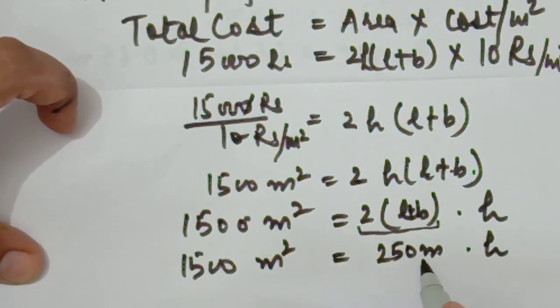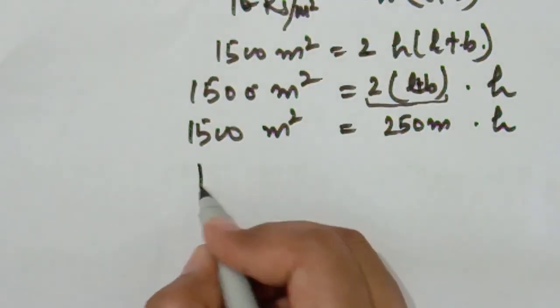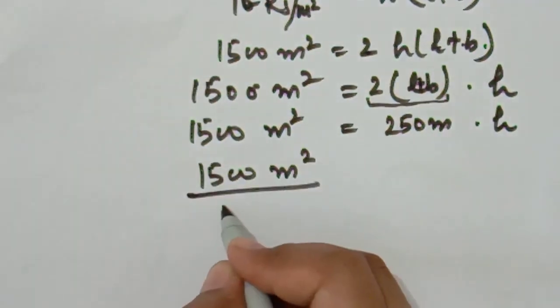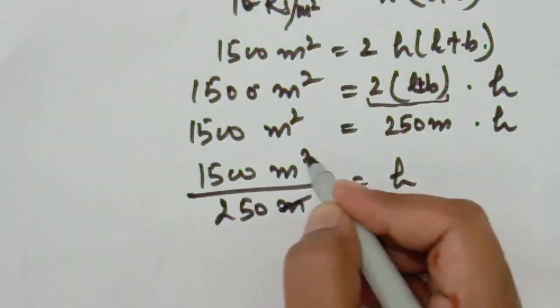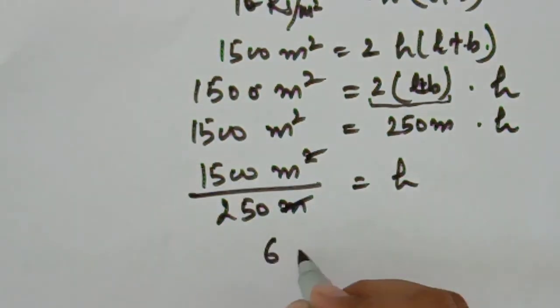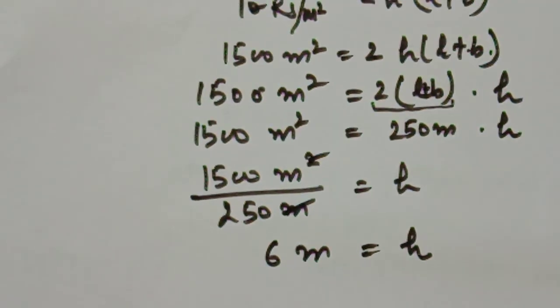Here it is present in the multiplication, so we will move it to the other side in division. One meter cancels with the 1 meter, and when we divide it, it is 6 meter. So the height of the room is 6 meter.